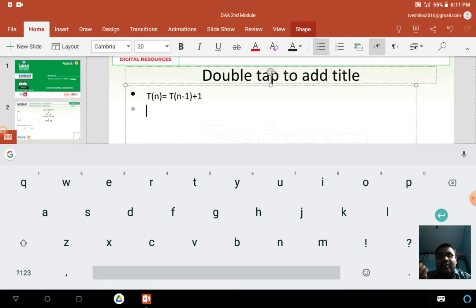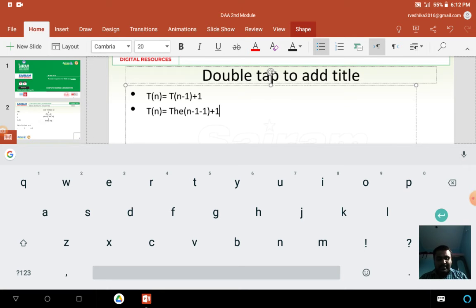To know the value of T of n, I must know the value of T of n minus 1. How can I find T of n minus 1? Instead of n, I have to put n minus 1. Then T of n minus 1 will become T of n minus 1 minus 1, because instead of n I put n minus 1.